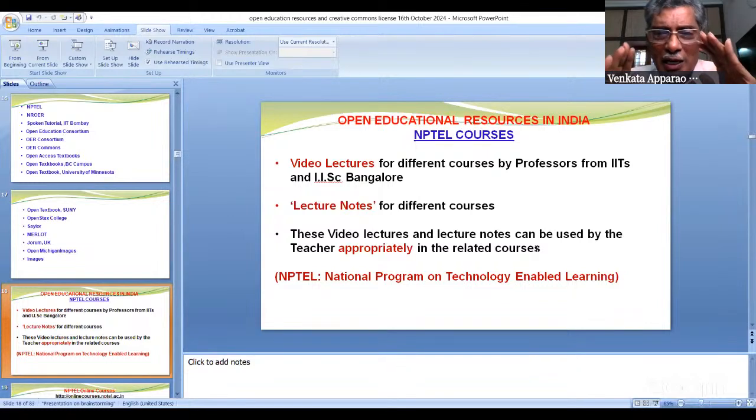Now, I shall discuss the open educational resources in India. For example, NPTEL courses. NPTEL stands for National Program on Technology Enabled Learning. The first coordinator was my friend, Professor Mangal Sundar Krishnan of IIT Madras. He was the first coordinator for this NPTEL.